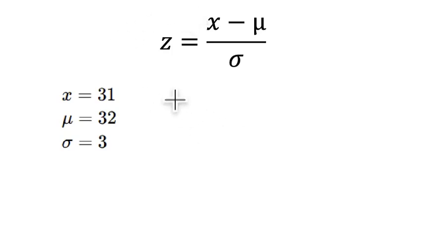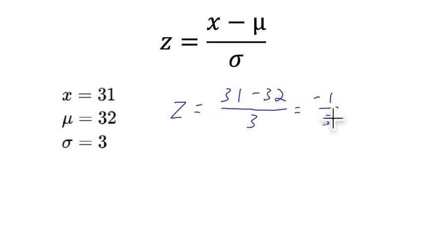So for this one, z equals the x minus the mean of the population divided by the standard deviation of the population. So 31 minus 32, that's negative 1. And we can turn this fraction into a division problem.